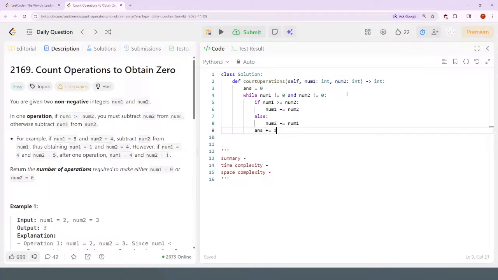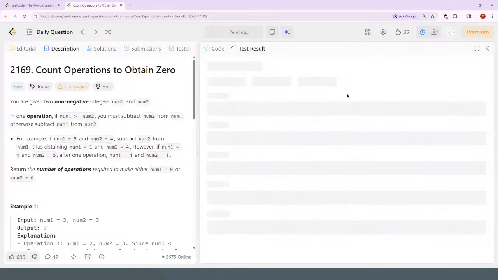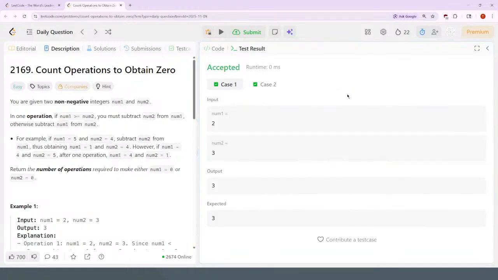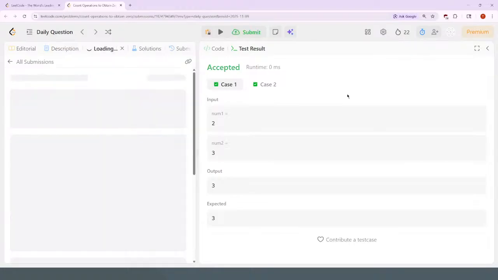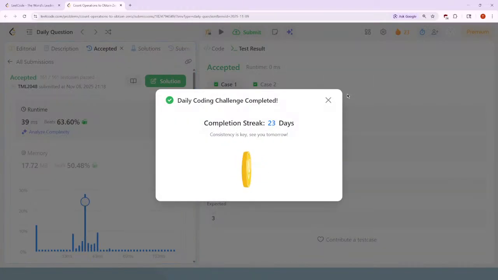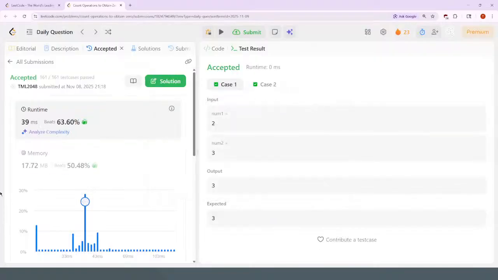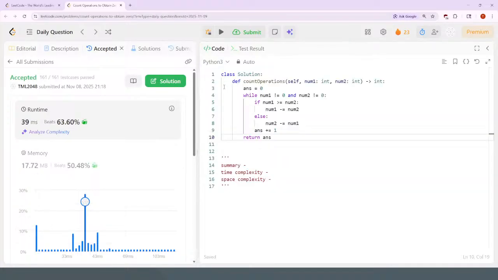Answer increments. Return the answer after the while loop. Okay. I think this might be slow. Okay, so it's average. There is a faster way, a very fast way.